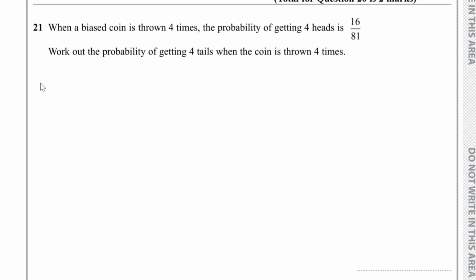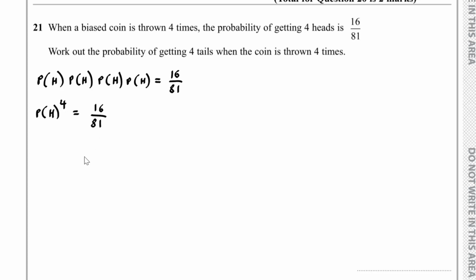So the probability of getting heads 4 times is the probability of a head times the probability of a head times the probability of a head times the probability of a head. This is equal to 16 over 81. So the probability of a head to the power of 4 equals 16 over 81.